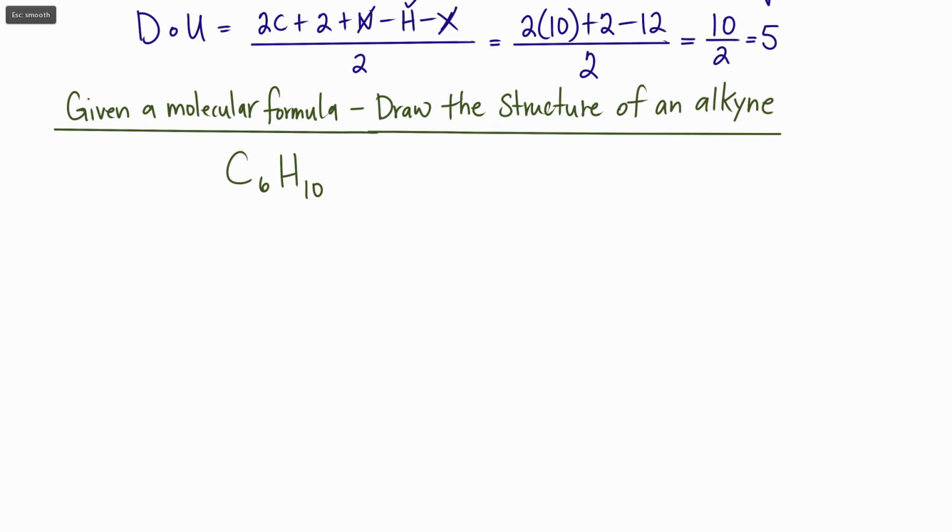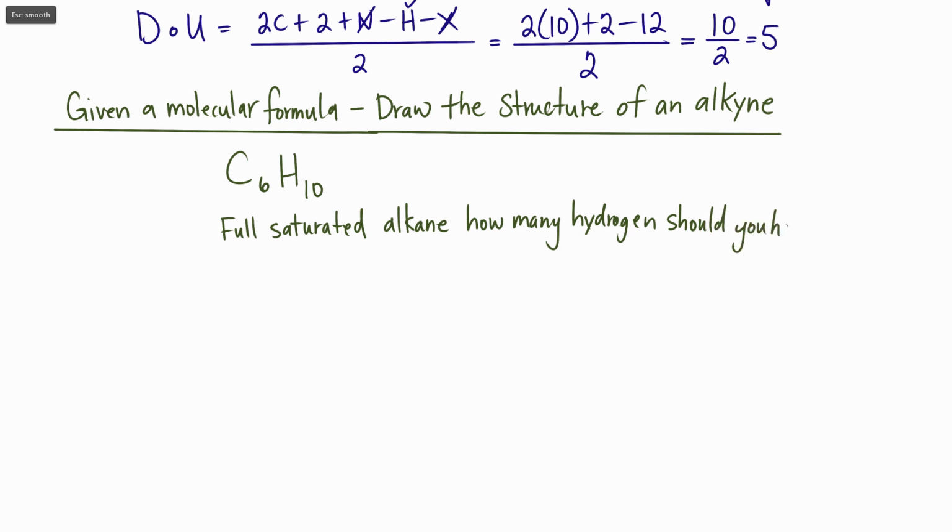Okay, now if we're given this formula, one quick easy way to do things is say, okay, for a fully saturated alkane, how many hydrogens should you have? So we can look at that, and for a fully saturated alkane, we should have 2 times 6 plus 2.